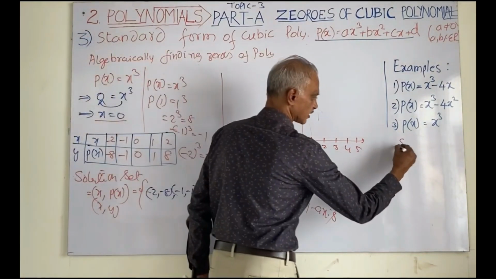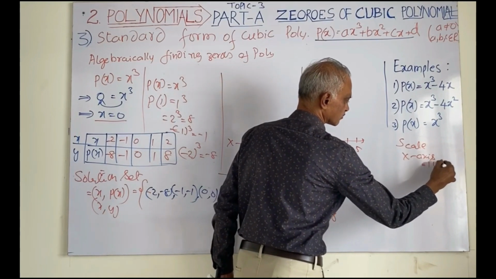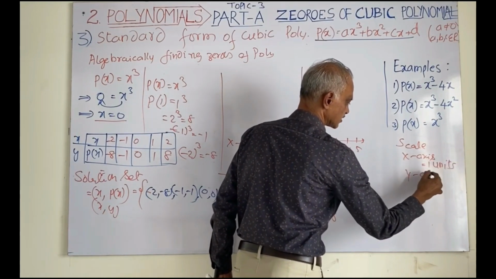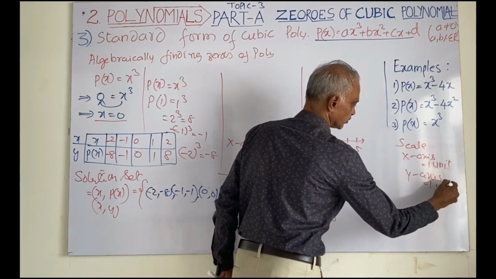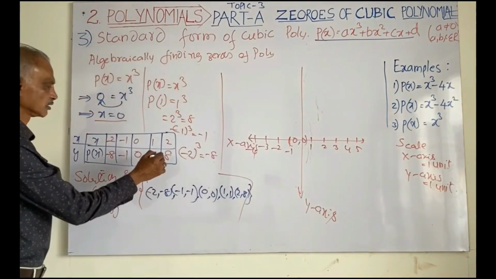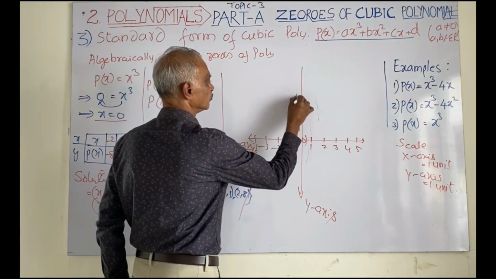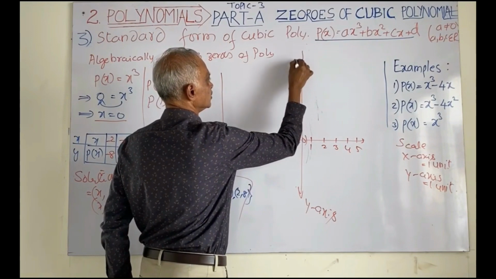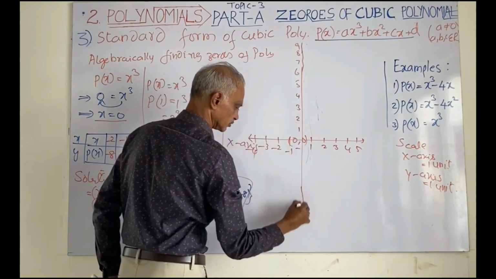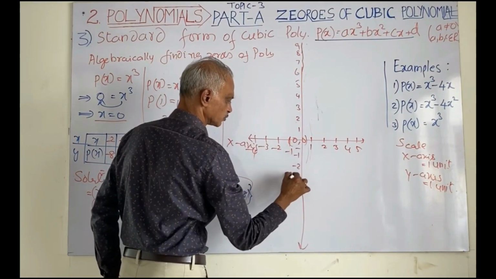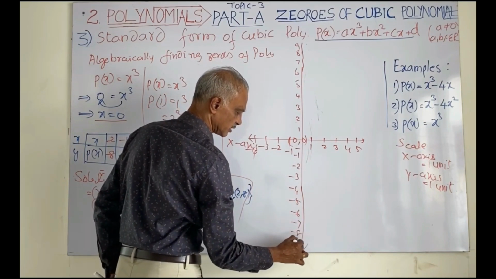On the x-axis 1 unit, on the y-axis also I am taking 1 unit, only 1 unit because 8 is there. Now 1, 2, 3, 4, 5, 6, 7, 8, 9, minus 1, minus 2, minus 3, minus 4, minus 5, minus 6, minus 7, minus 8, minus 9.